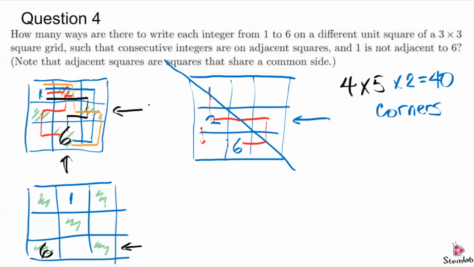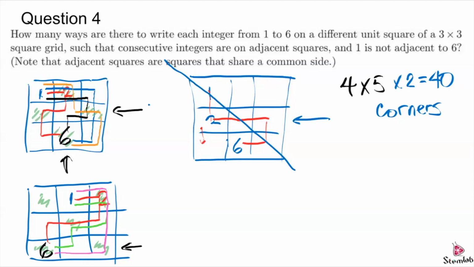So if the 2 was here, there will be one path like that. There would be another path like this. There will be yet another path that goes all the way around. So that's 3, right?